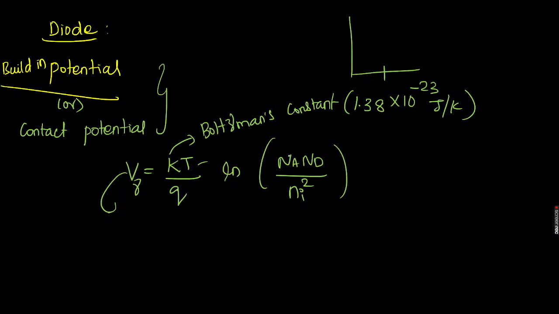Na is the concentration of acceptors on the P side. Nd is the concentration of donors. Ni is the intrinsic concentration at a given temperature. These things are very important, so keep them in your mind.